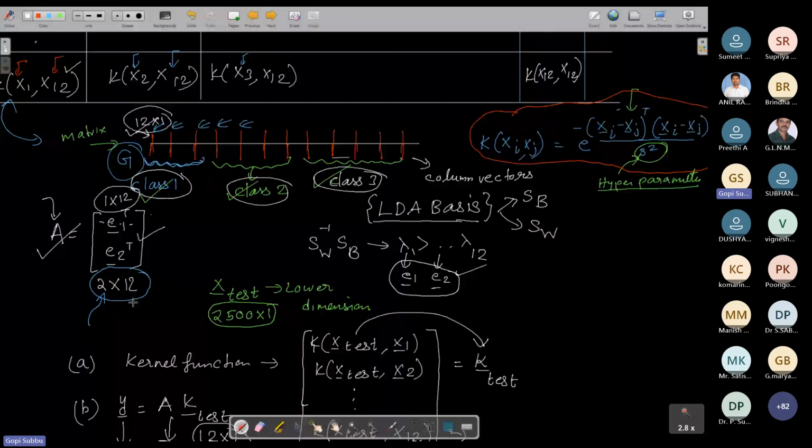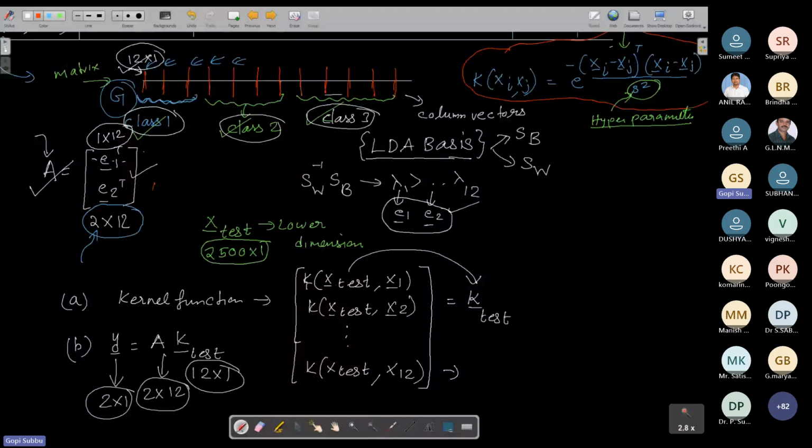This is the matrix which is useful for projection using KLDA. This is the projection matrix which does the projection from the higher dimension to the lower dimension. But the raw data, whatever you are having, X test, which is of very high dimension, which is 2500 cross 1, which is really big.